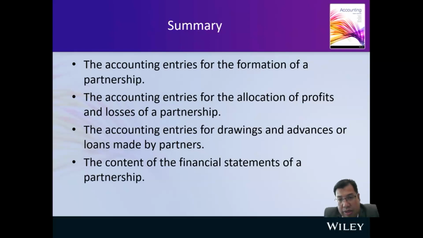I did show the entry for the formation of partnership. We record the assets at fair value, not at carrying amount. The accounting entry for allocation of profit, how we're going to define the profit, is it based on opening capital or fixed ratio after deducting the interest on capital. The accounting entries for drawing and advance, and also the content of financial statement of the partnership.